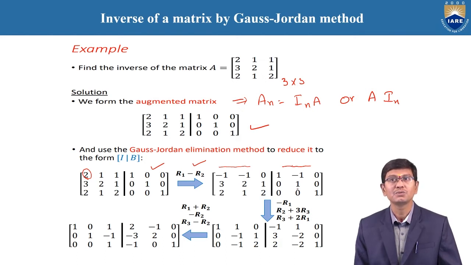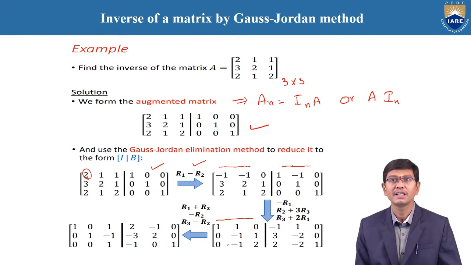By using these three operations, the given matrix is reduced to 1 0 1 1 0, and again the second row is 0 minus 1 1, the third row is 0 minus 1 2. Correspondingly, the same row operations on R1, R2 and R3 on the right-side matrix are applied. Therefore, the right side is reduced to minus 1 1 0, 3 minus 2 0, 3 minus 2 1 only.